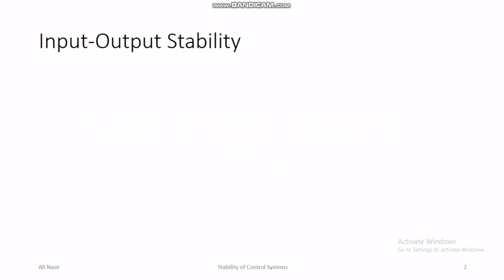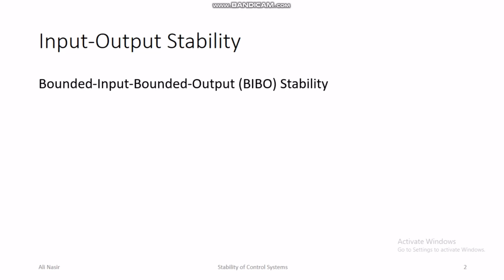The first type of stability that we are going to discuss today is the input output stability. Input output stability is related to the input and output signals applied and obtained from the systems respectively. Among the input output stability, the particular type that we are going to discuss is bounded input bounded output stability.